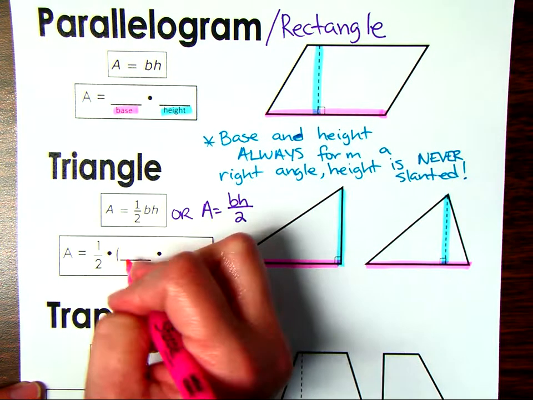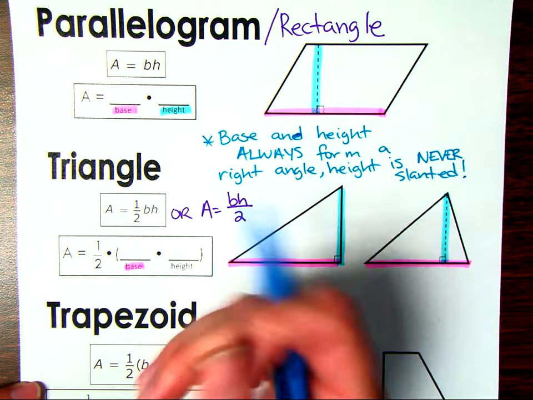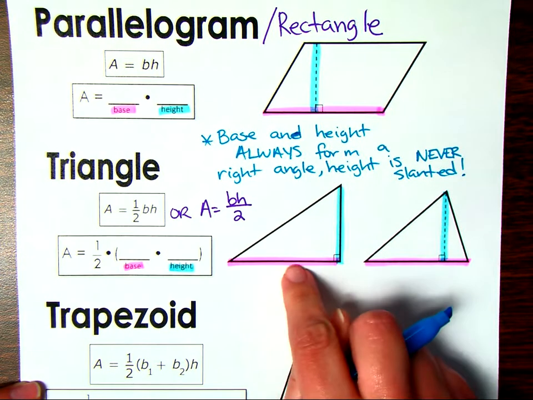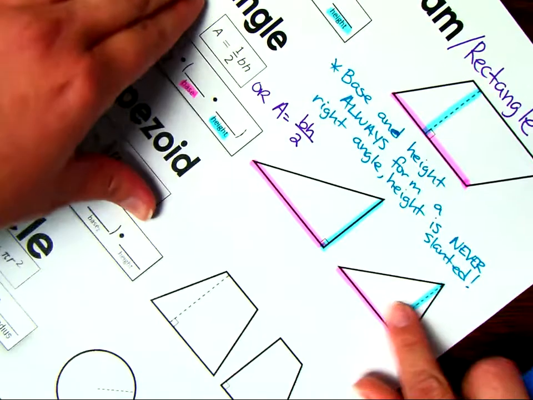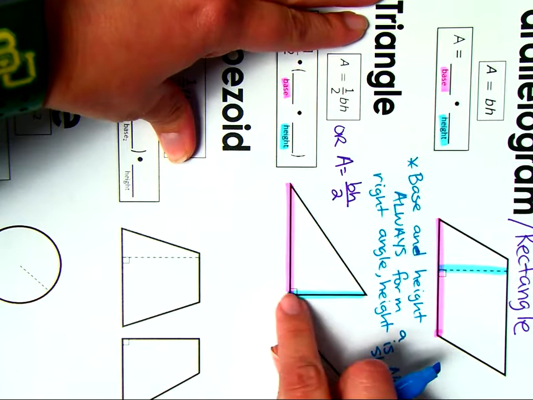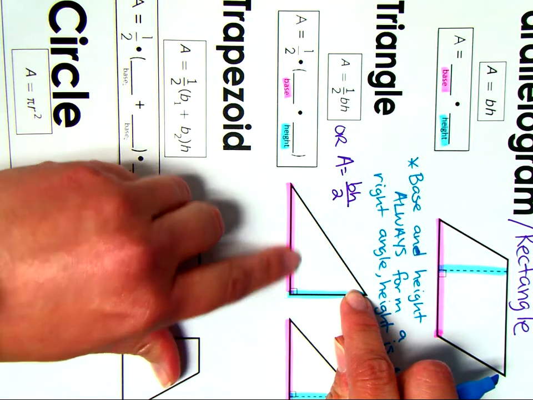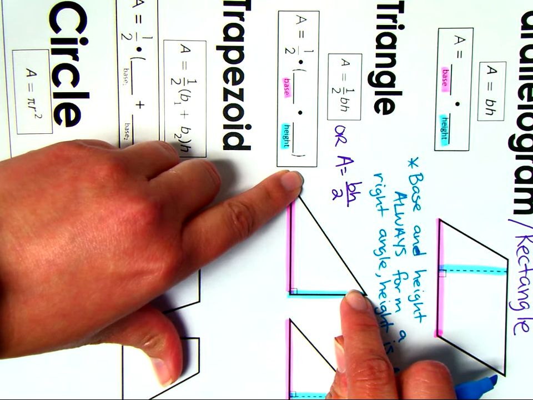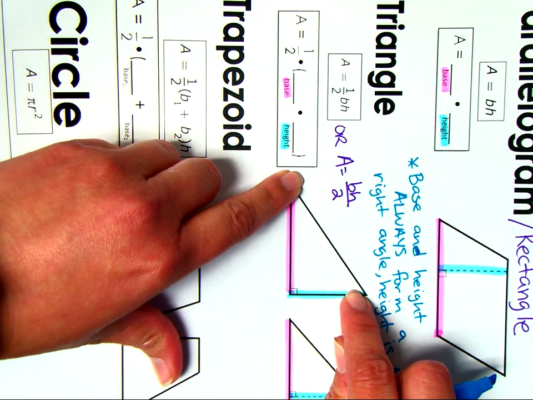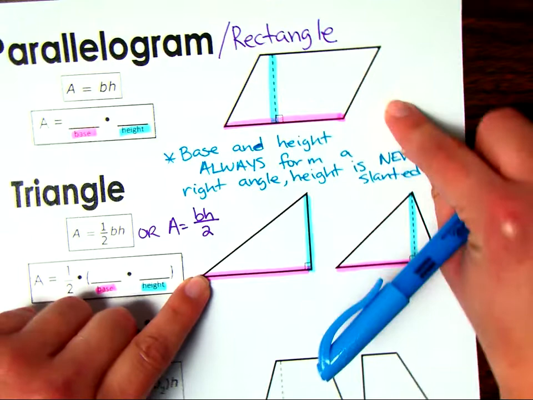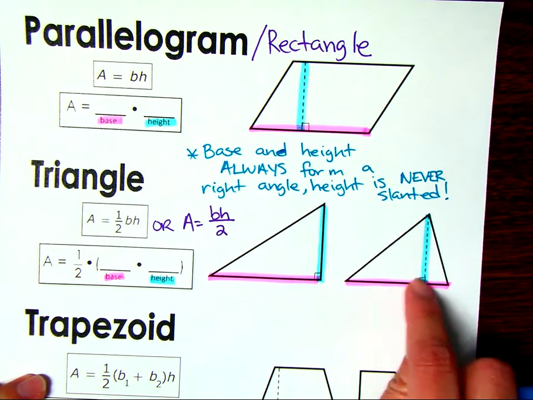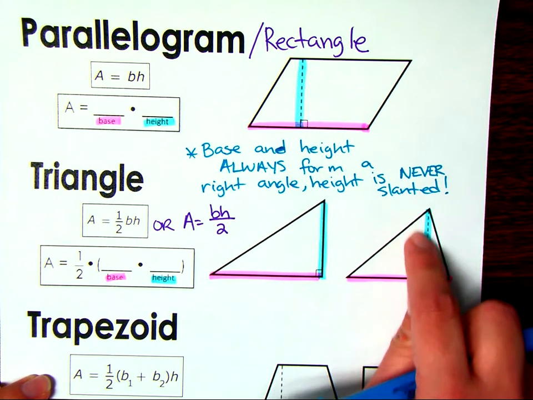So base and height. Now it's important to note on this right triangle, you could technically turn this paper and this be your base and this be your height, but either way when I multiply those two numbers I'm going to get the same product, okay? Over here we had to only have this one as the base because it's forming that right angle with the height.